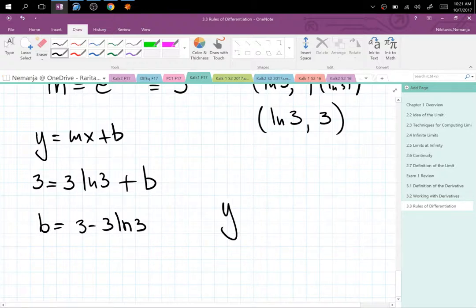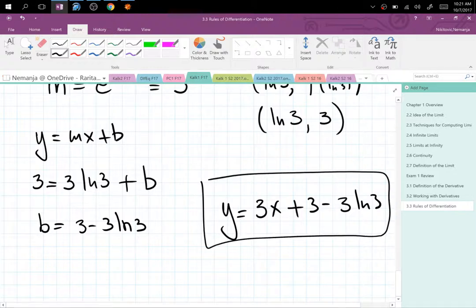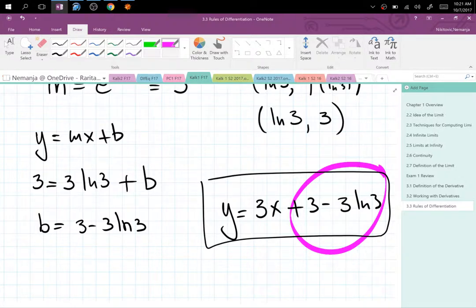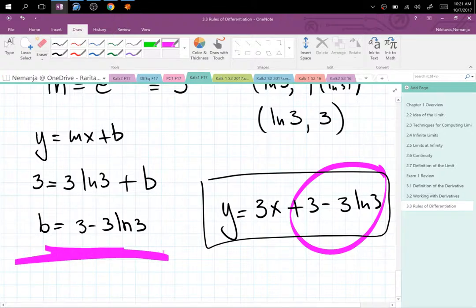And finally, the tangent line is y equals 3x plus 3 minus 3 ln 3. Make your peace that all of this is a number now. Yeah, you could go and get the decimals. No one cares. All right? It's a number. So there's your y equals mx plus b. You can see b. You computed it.